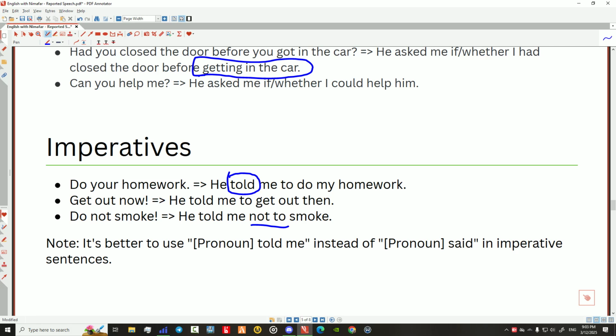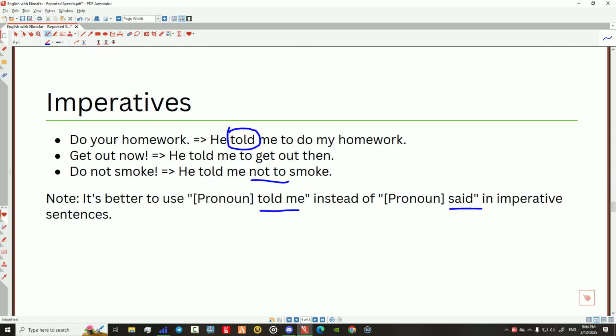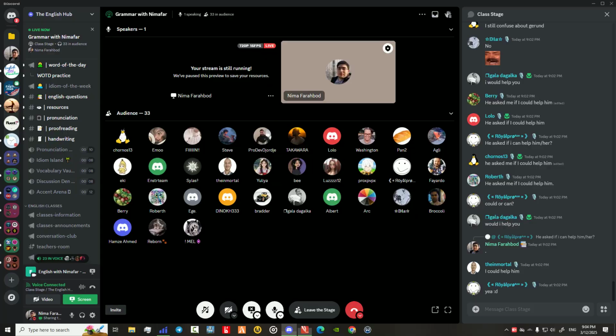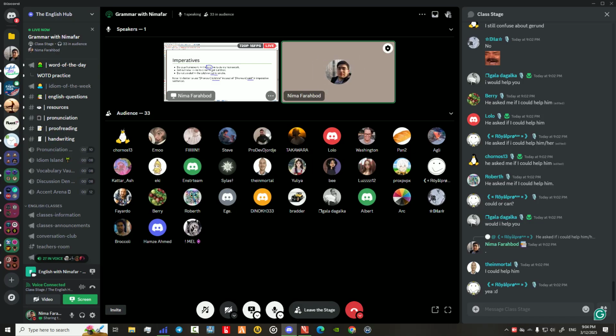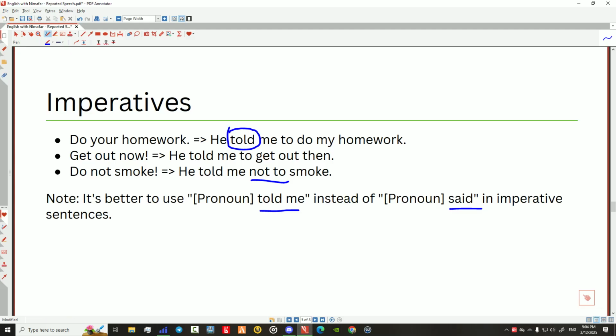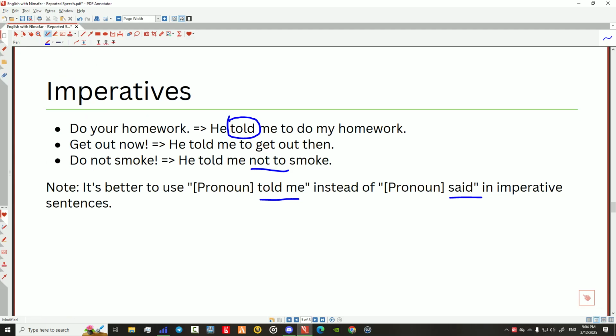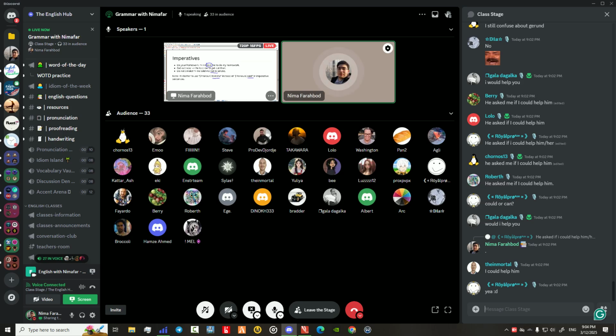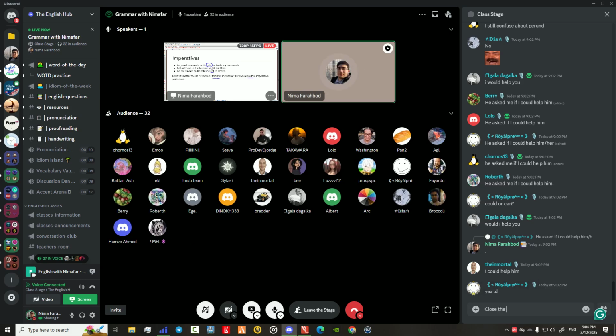It is better to use told instead of said because tell is imperative. I'm telling you. You know, it's common. They say, are you asking or telling? I mean, is it a command or something else? This is about imperatives. What about this one? You tell me. Close the door.